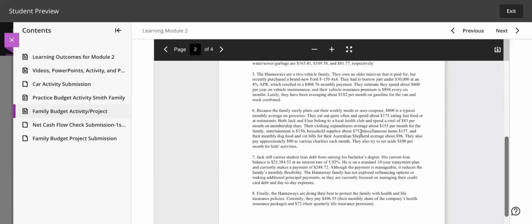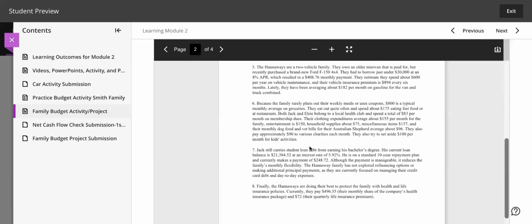Their household supplies about $75. Miscellaneous $157. And their monthly dog food and vet bills for their Australian Shepherd are about $96. They also pay approximately $90 to various charities each month. They also set aside $100 a month per kid for kids' activities. These are things they're currently doing, so they go on the budget.